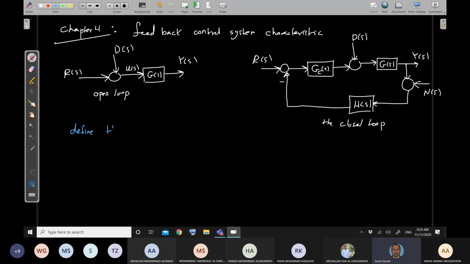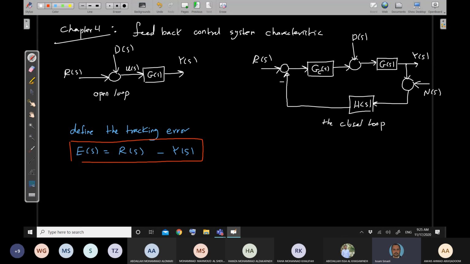Now, let's agree that we define the tracking error as E(s) equals R(s) minus Y(s). And this is actually the objective of any control system, correct? The objective of any control system is to minimize this equation, yes or no?